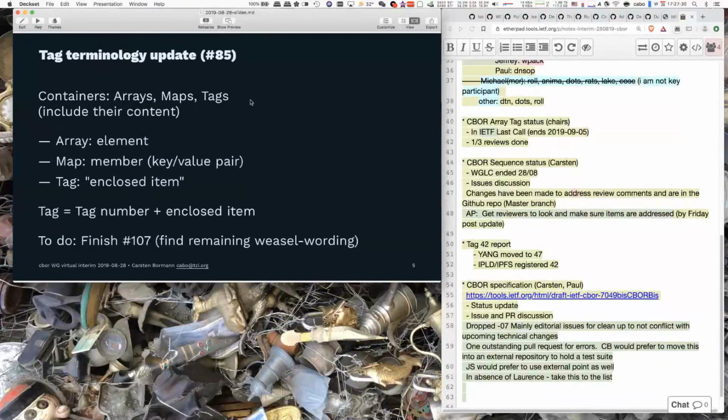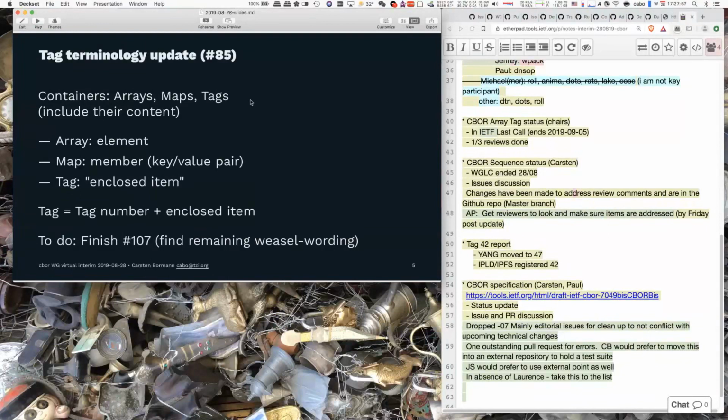So when we talk about arrays, we have a word for the things that go into arrays. These are elements. And when we talk about maps, we can say member or key value pair. And we didn't really have a great term for the thing that goes into a tag. We said tagged item, but then also the whole thing is a tagged item.